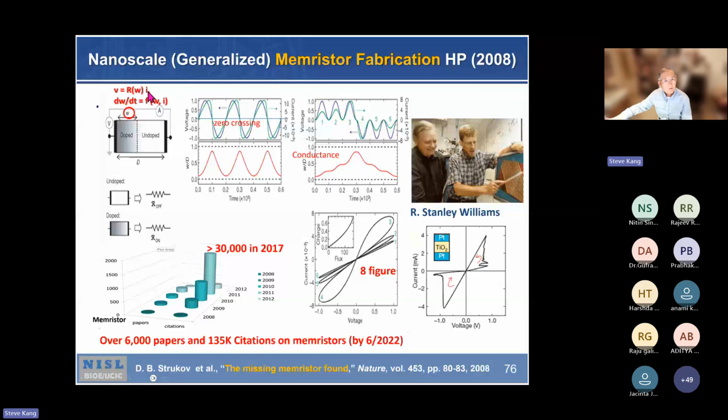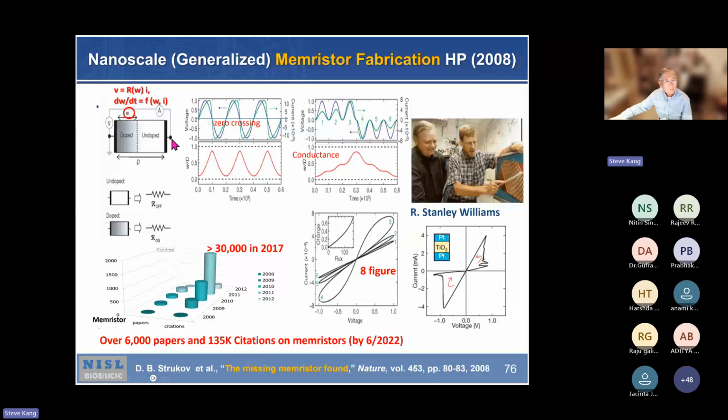So this is a current controlled memristor in this case, where W is a variable between 0 and this dimension D, the separation between two plates, the top terminal and bottom terminal of the device. This is nanoscale. And this is a doped region, W. If W is doped all the way, then you have full conductance.